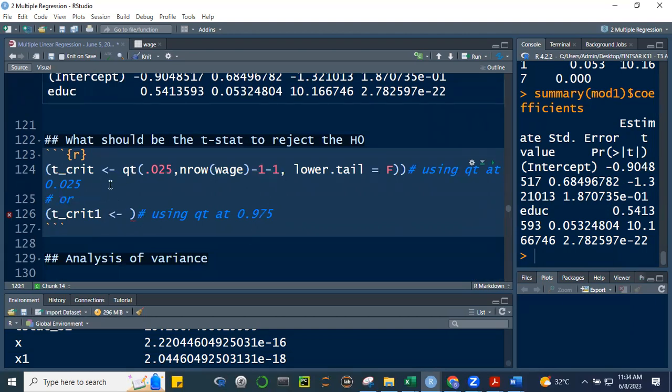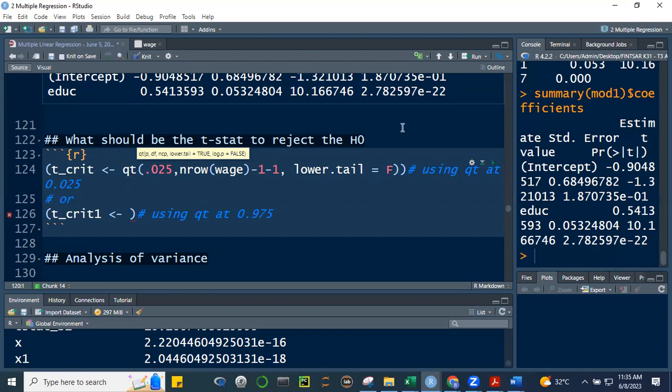The formula is qt, that's the t distribution, and we're using the left tail 0.025. Then this is the degrees of freedom, which is n minus k minus 1, since we have only one predictor and one for the intercept. And then lower.tail is equal to FALSE.